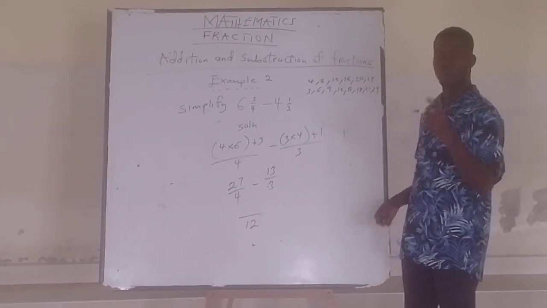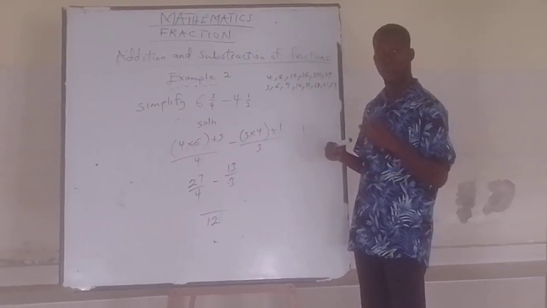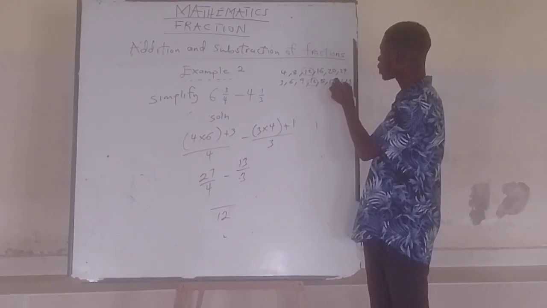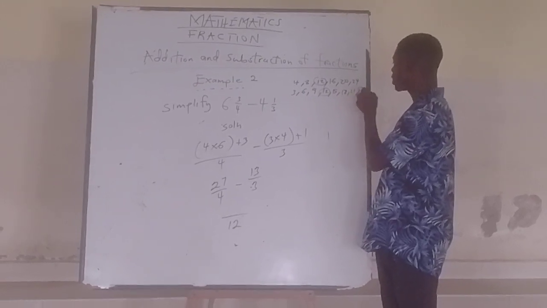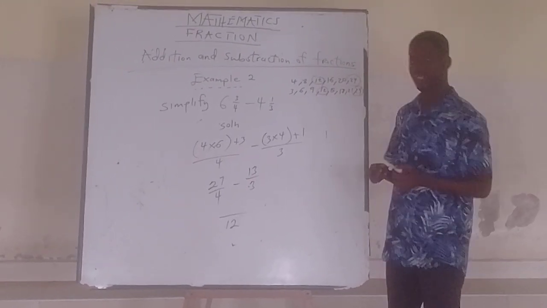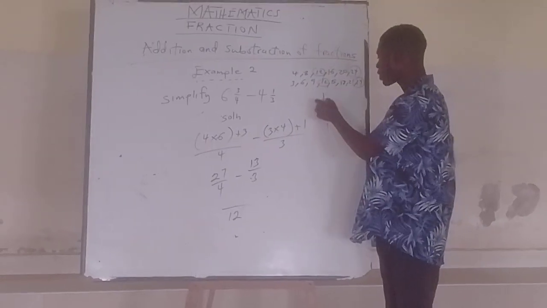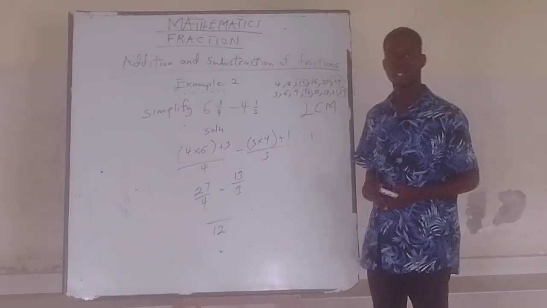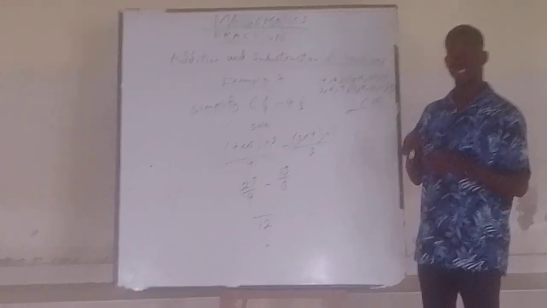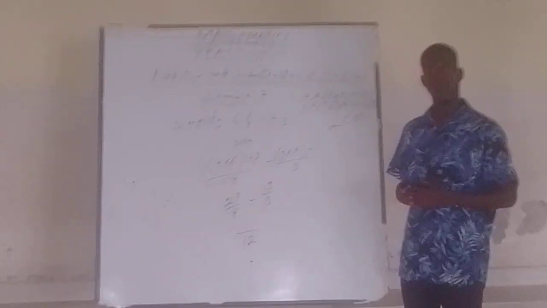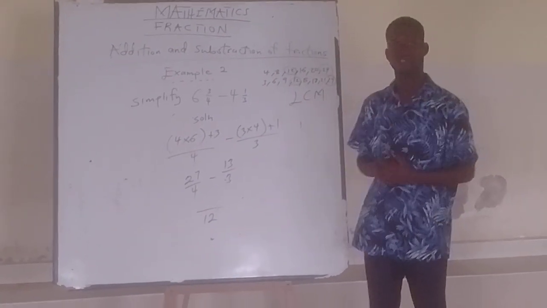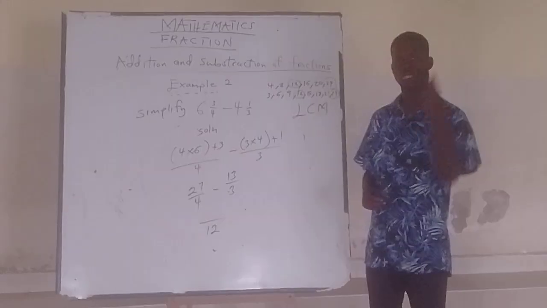So the common multiples we have are 12 and 24. Least common multiple means the one that comes first. Though the common multiples are 12 and 24, the least means the one that comes first. So the LCM of 4 and 3 is 12.